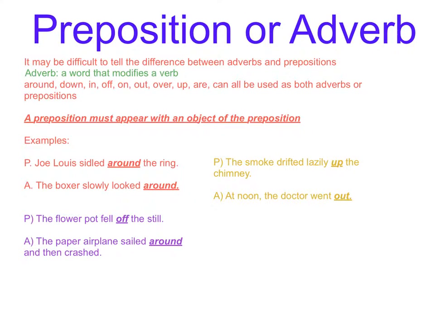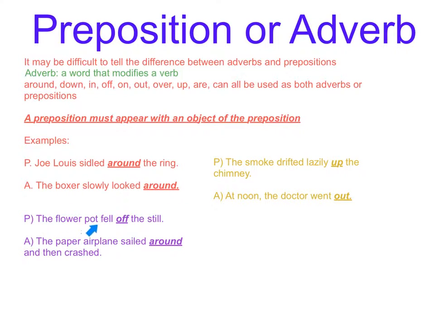And remember, a preposition must appear with an object of the preposition in order for it to be a preposition. Joe Louis sidled around the rain. This is a preposition because around is modifying the word rain. The boxer slowly looked around. Around is modifying the verb looked.